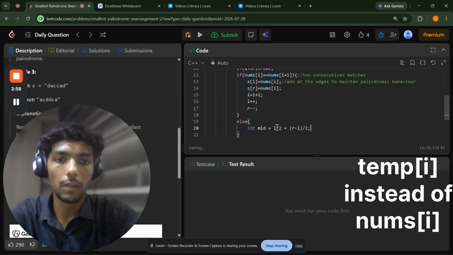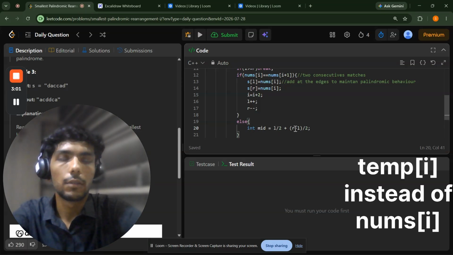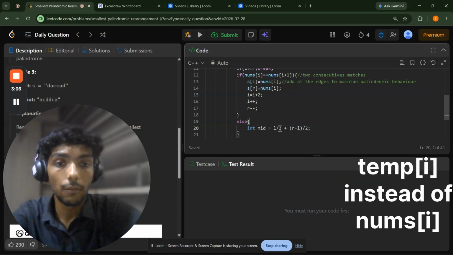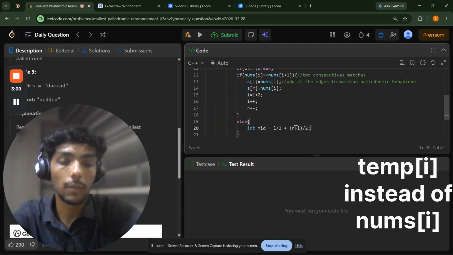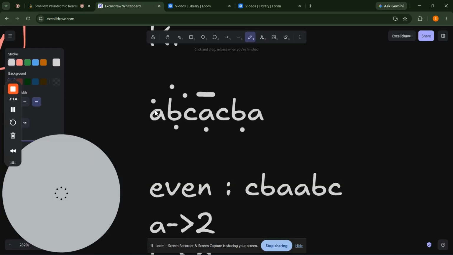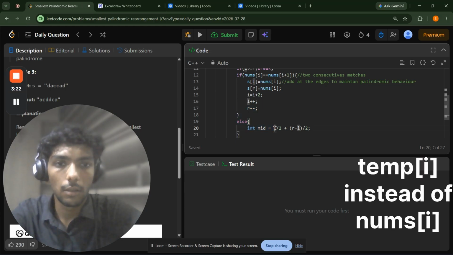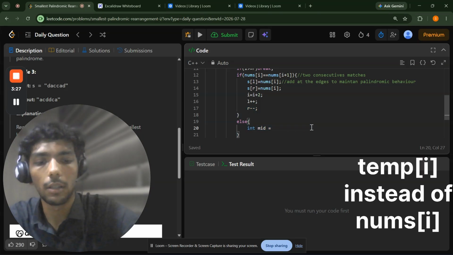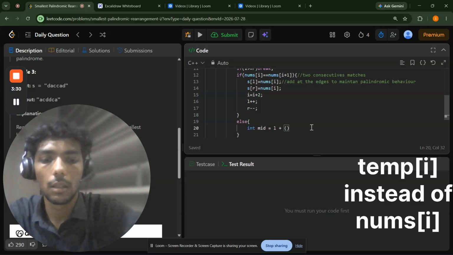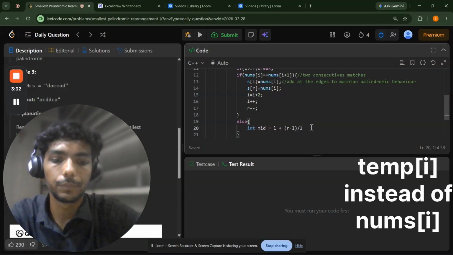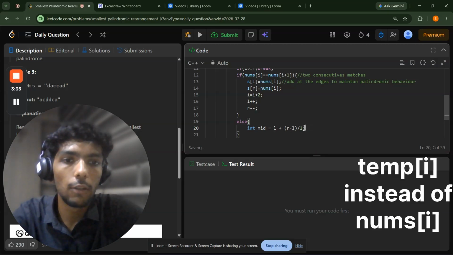If L was 1 and R was 5, 1 by 2 will be 0, 5 minus 1, 4 by 2, which will be 2. Is that correct for the 0, 1, 2, 3? Even my maths is leaving me. Okay, sorry. L plus R minus L by 2, which will be L minus L by 2 plus R by 2.